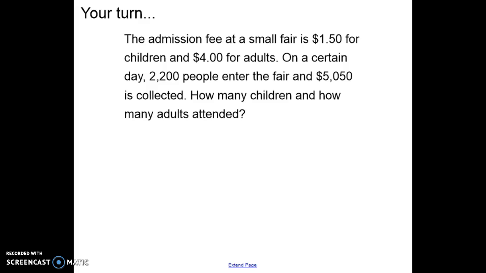On a certain day, 2,200 people enter the fair and $5,050 is collected. How many children and how many adults attended? So again, we are starting with the most important information first, and we do that by answering two key questions.